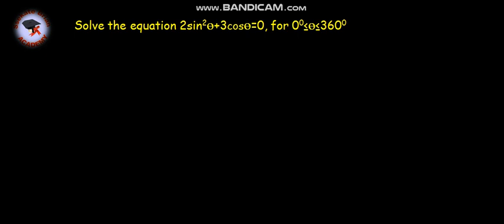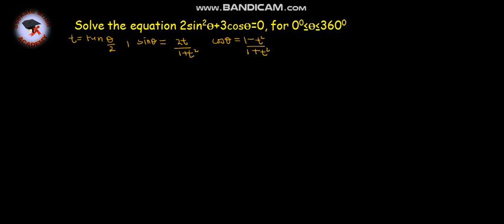Now we can make use of this substitution, t equals tan of theta over 2, whereby sine theta will be equal to 2t over 1 plus t squared, and cos theta will be equal to 1 minus t squared over 1 plus t squared.